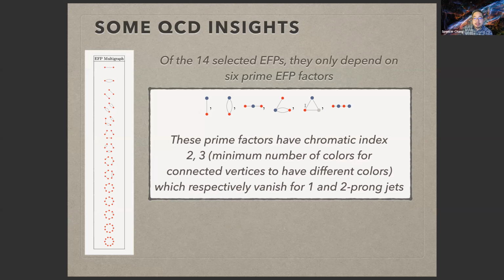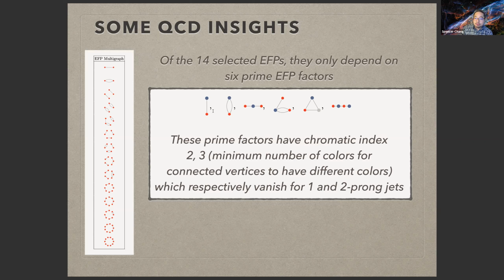So every one except for this triangle needs only 2 colors. This triangle needs 3 colors. So in terms of an energy flow polynomial, what this tells you is that if you have chromatic index 2, you actually need a 2-prong event before you get any non-zero value. Because if it's a 1-prong event, all the angles essentially are 0, right, from that prong.